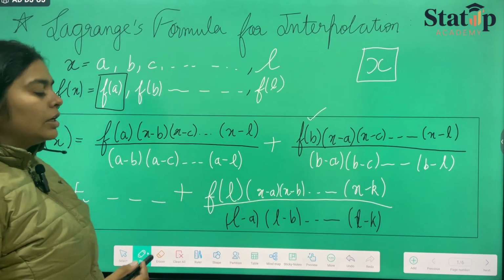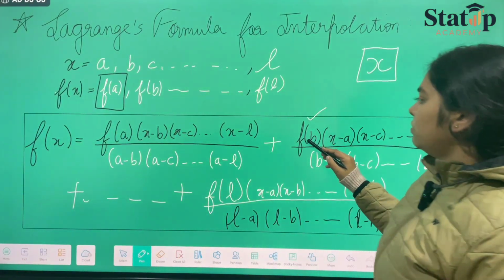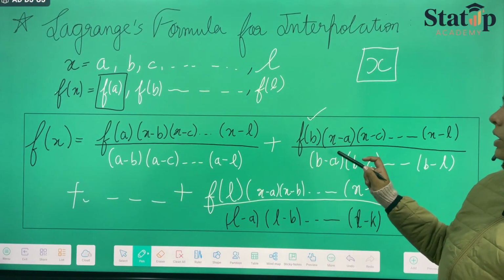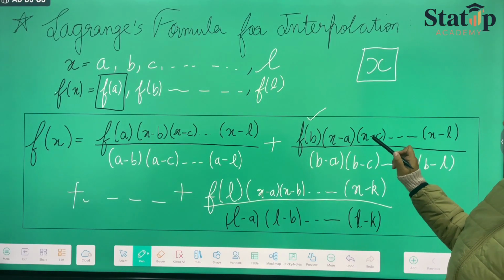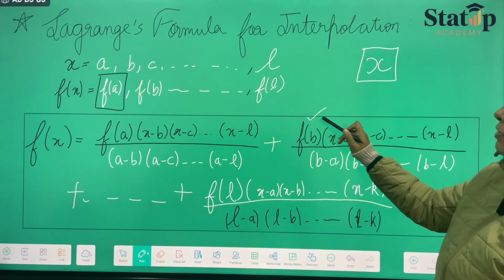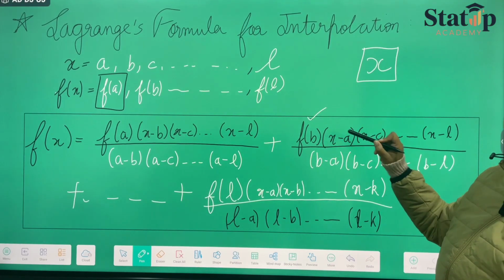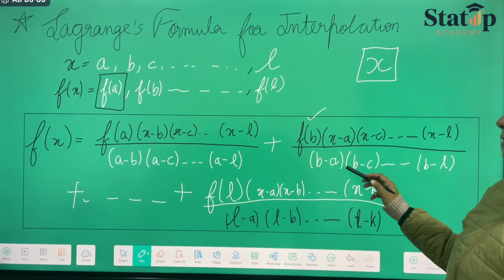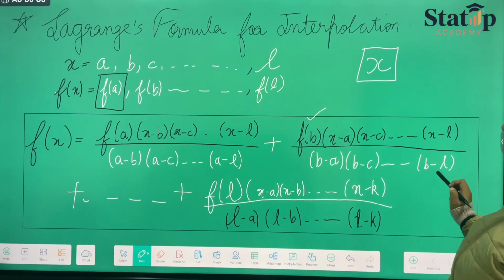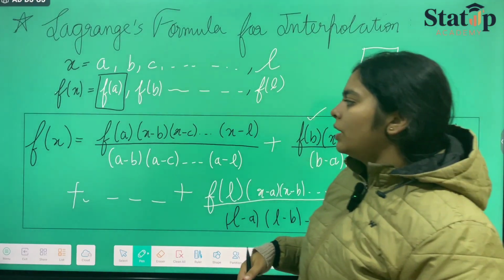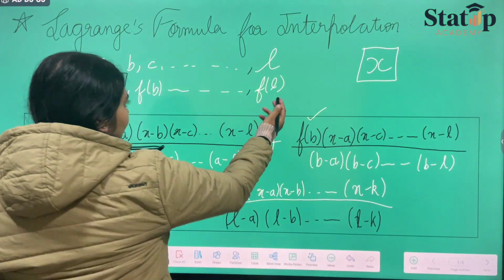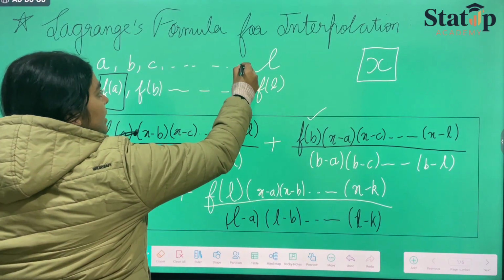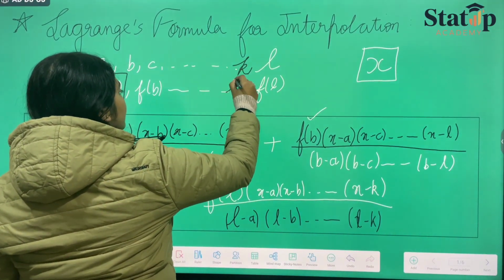For the second term we take the second function, fb, and we multiply with x minus a, x minus c up till x minus l, skipping b because that function has already been put here, upon (b minus a)(b minus c) up till (b minus l). And so on till the last factor, which is l, and let us take the second last factor as k.